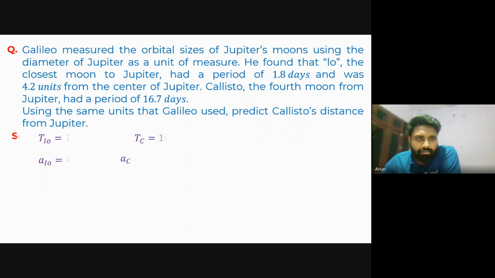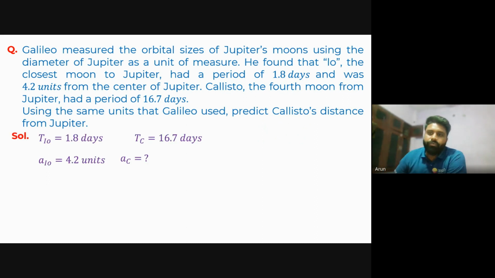So here, what we have been given is the time period of Io, which is 1.8 days, and the time period of Callisto, which is 16.7 days. The distance of Io from Jupiter is given as 4.2 units.